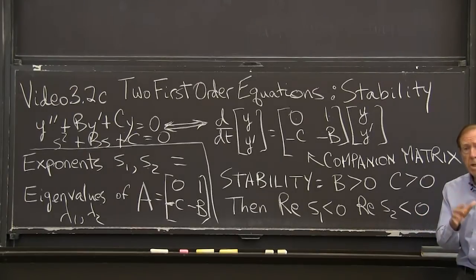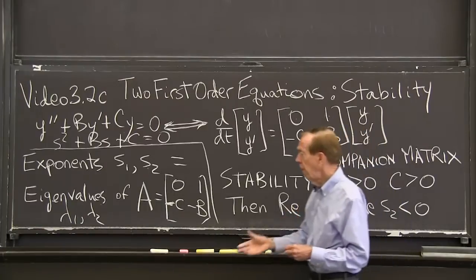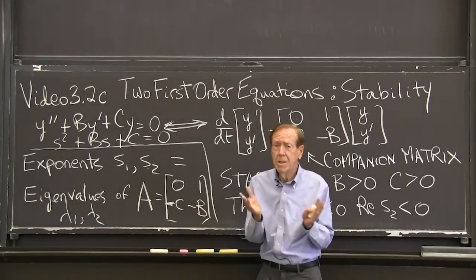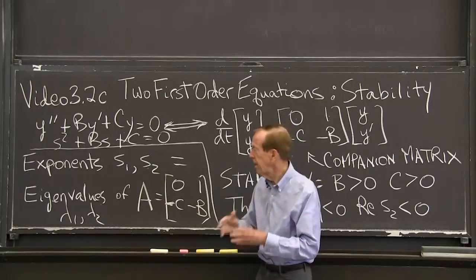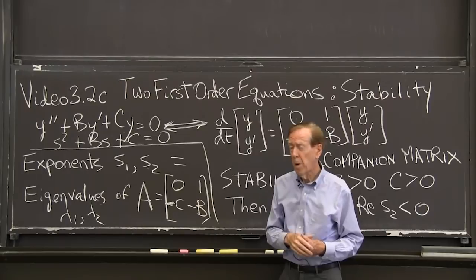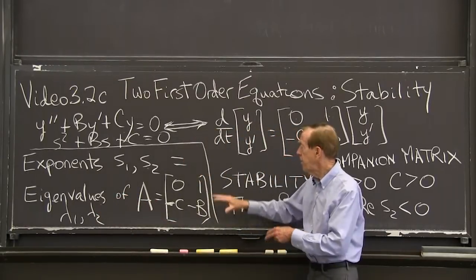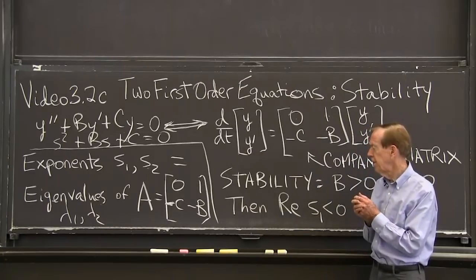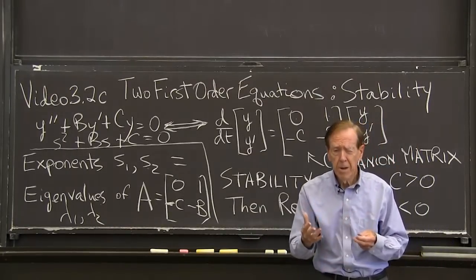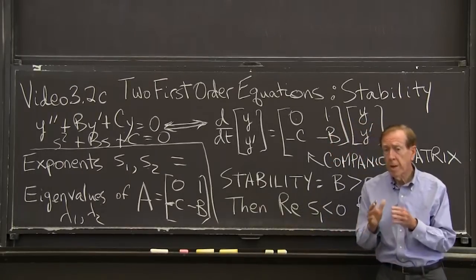Stability, a stable matrix, is real part of the eigenvalues lambda less than 0. So we're just really exchanging the letters S and the single higher order equation for the letter lambda and 2 first-order equations.